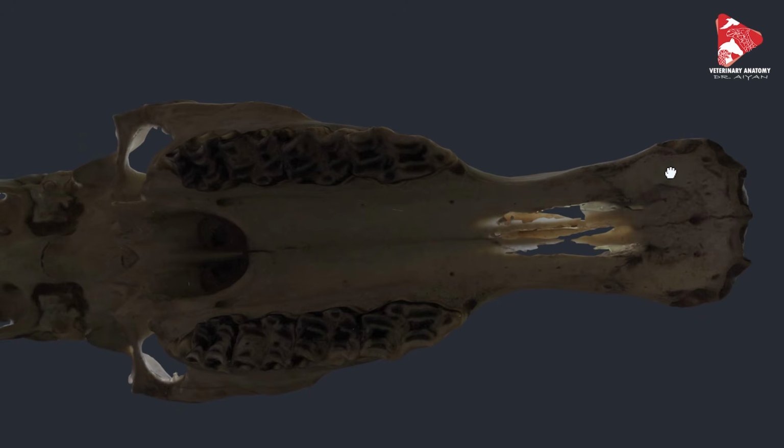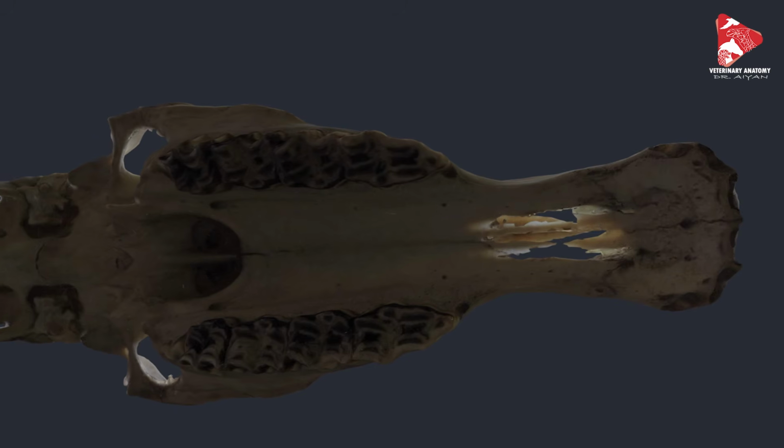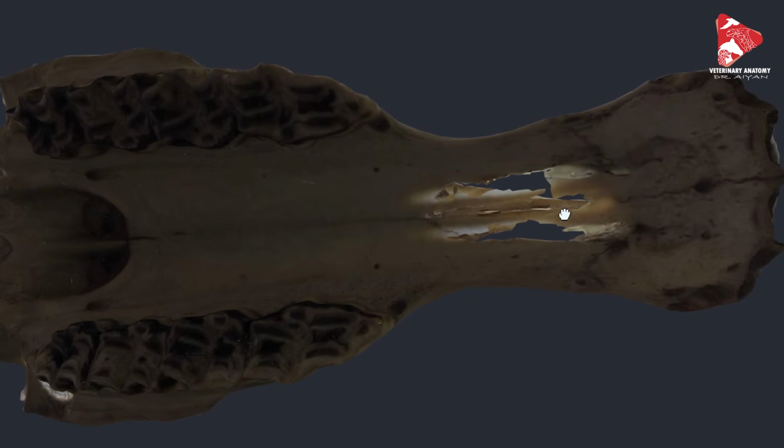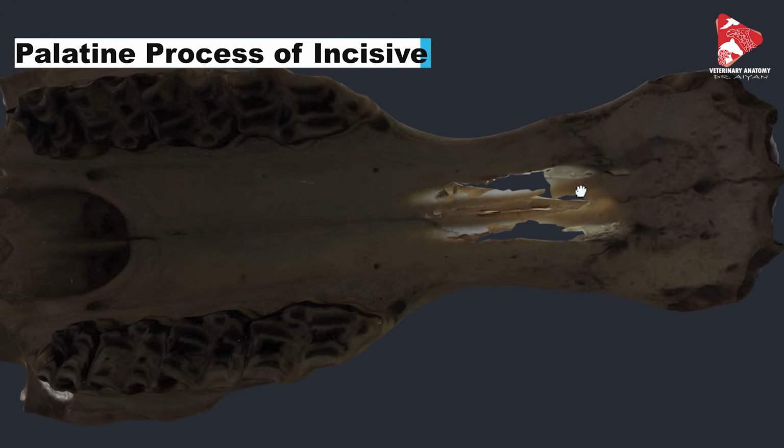And now from each incisive bone we have an extra process moving caudally towards the hard palate, toward the palatine bone, and it also forms part of the hard palate. This process is called the palatine process of the incisive bone.